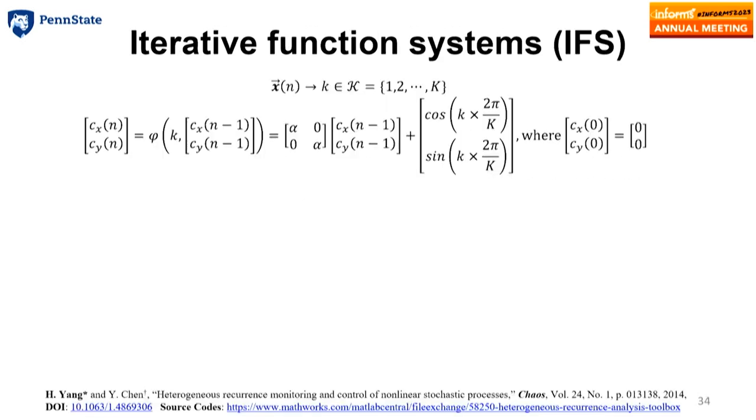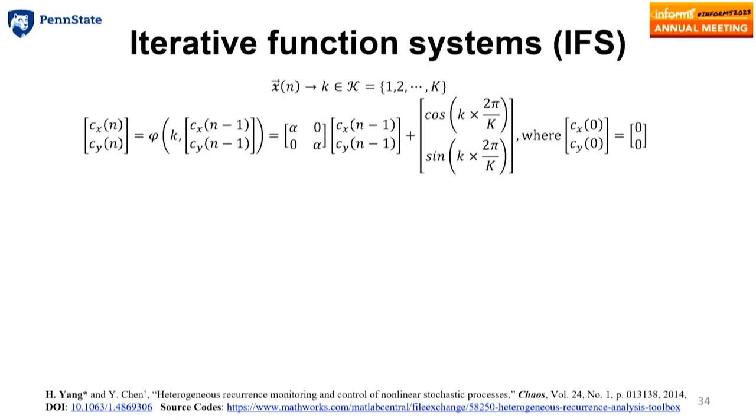Now after that, we can map each state xn into a k belonging to a set of areas in the state space. Then we do the iterative function system. That is, we give each state an address, cxn, cyn, which is based on the previous state, and also based on where they are.